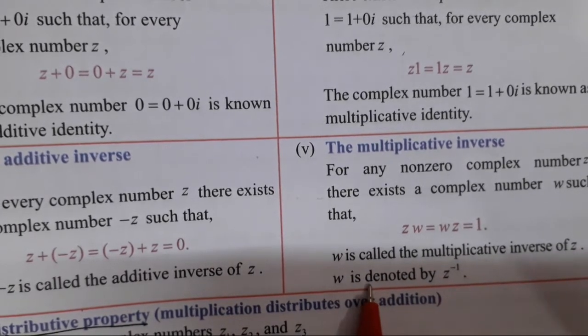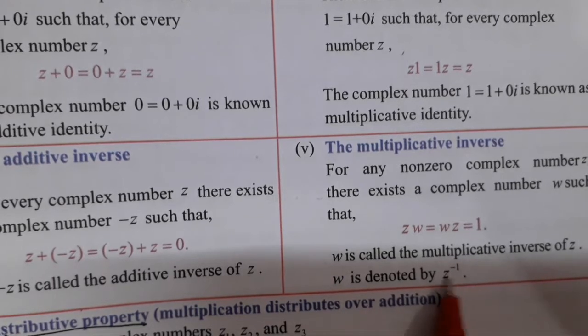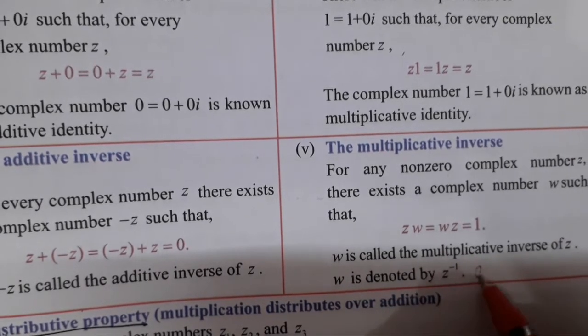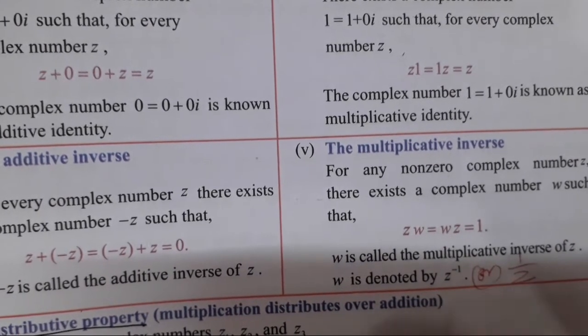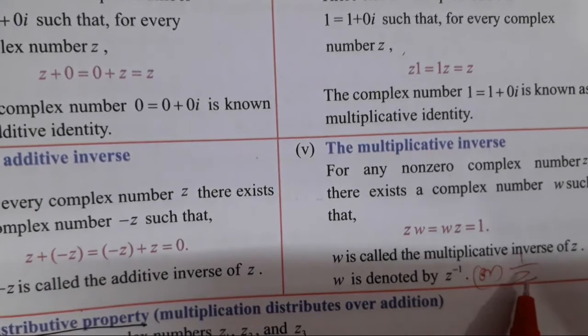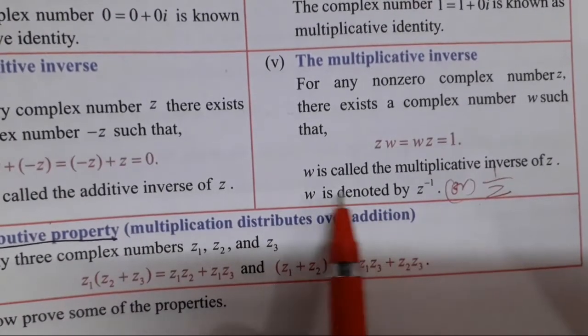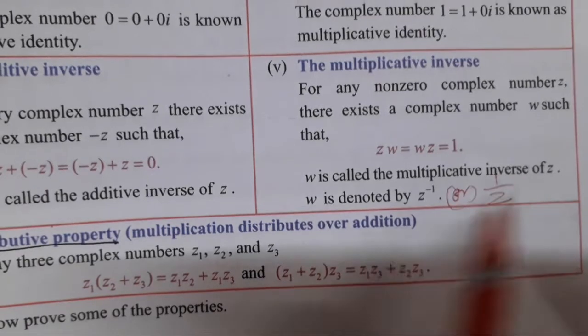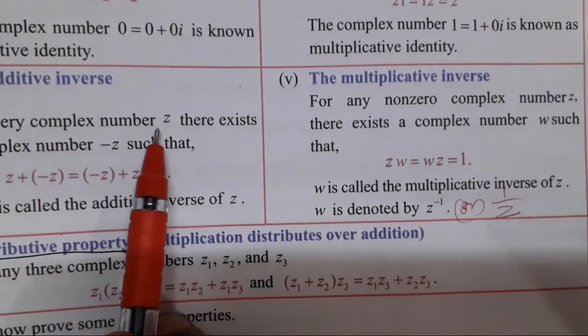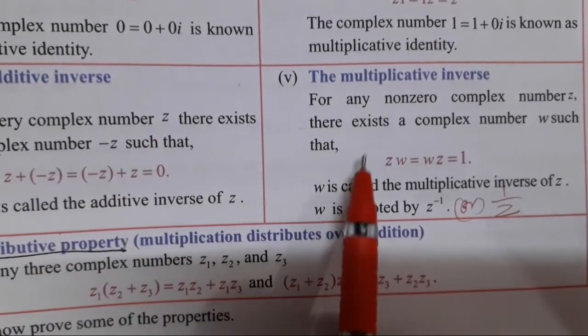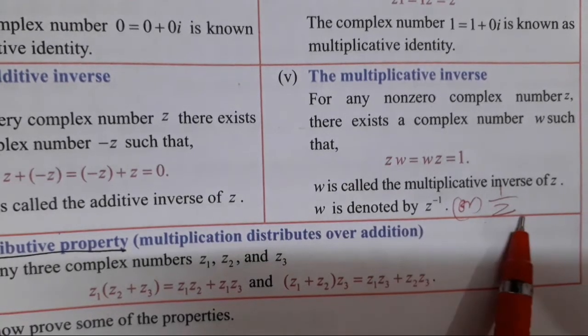That multiplicative inverse is denoted by z power minus 1. Z power minus 1 or what? We rewrite as what? 1 by z. Either z power minus 1 or 1 by z. This is the multiplicative inverse of z. Additive inverse of z is minus z. Multiplicative inverse of z is what? Z inverse or 1 by z.